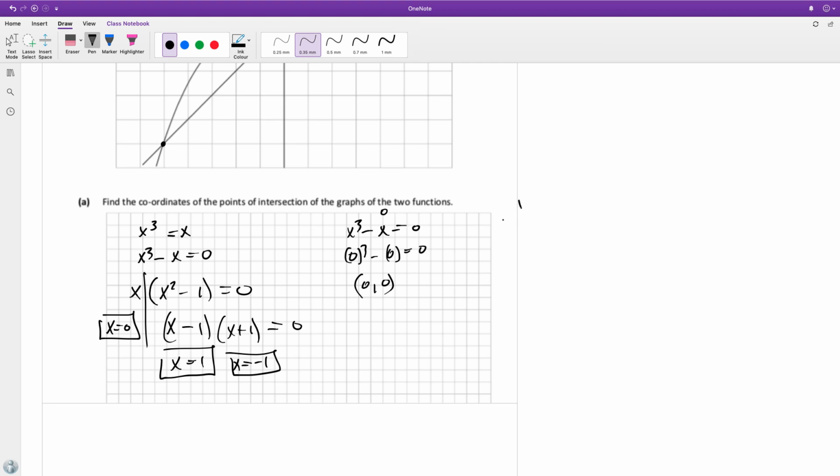When it's 1, 1 cubed minus 1 is 1, 0. And when it's minus 1, minus 1 cubed is minus 1, so it's minus 1, 0.